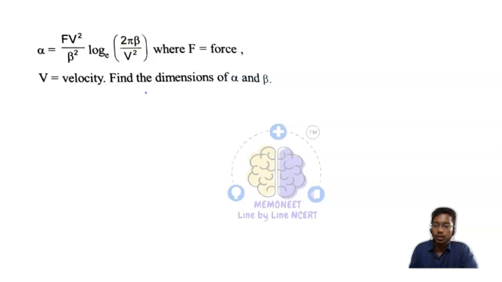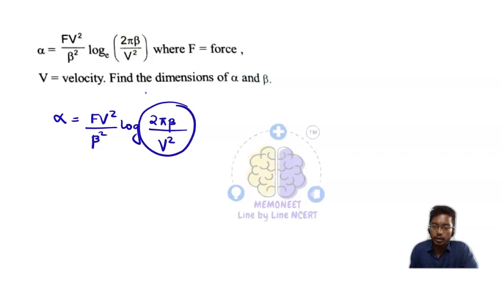Let's see some questions here. Here alpha is equal to f v square upon beta square, log of 2 pi beta upon v square. This quantity should be dimensionless, as under the log there will be no dimension.